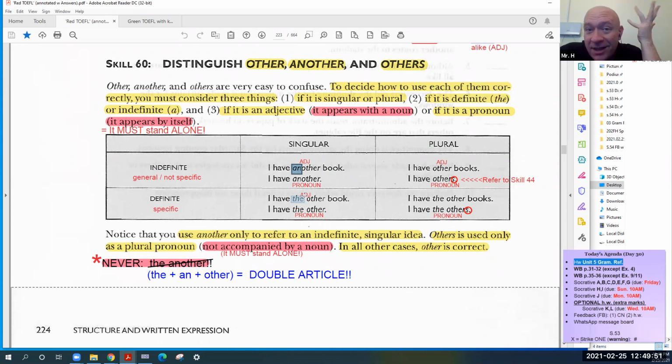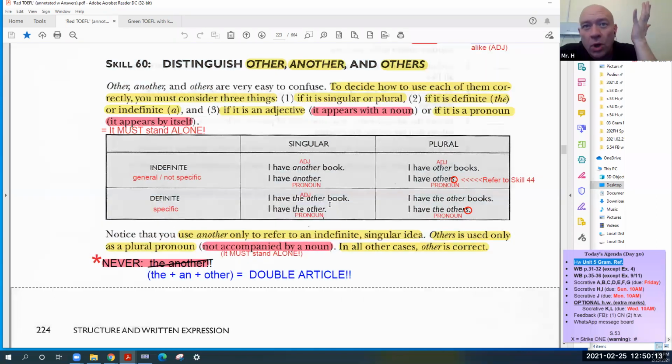How about down here, the example down here, Saleh? The other. We know the book too. Is this an adjective here? No, a pronoun, because it can stand alone.